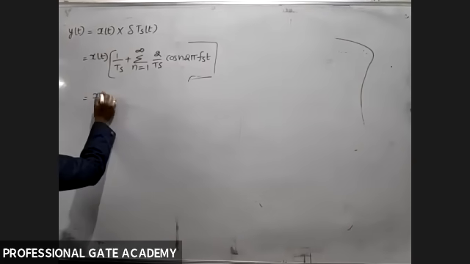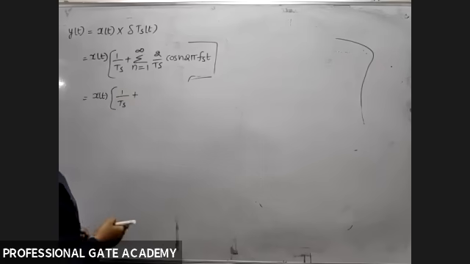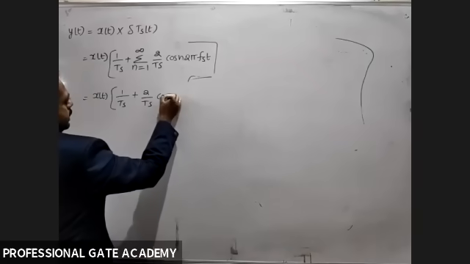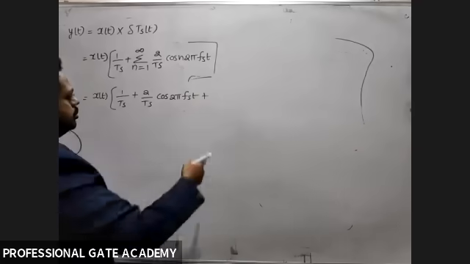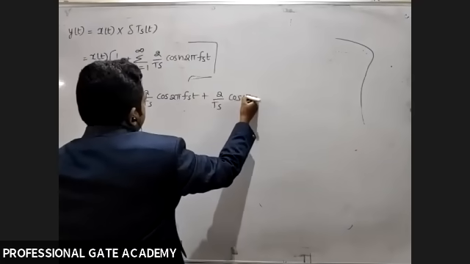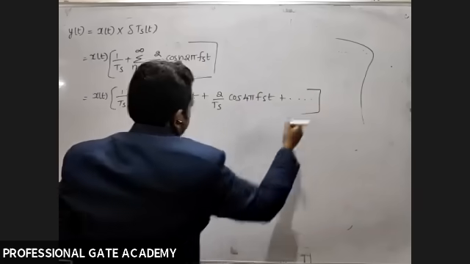Now we can expand this. Substitute n equal to 1: we get 2 by Ts cos 2 pi fst. Substitute n equal to 2: we get 2 by Ts cos 4 pi fst, and so on.